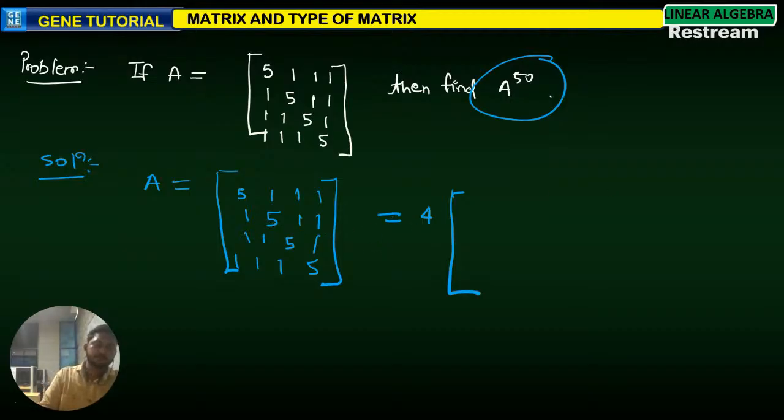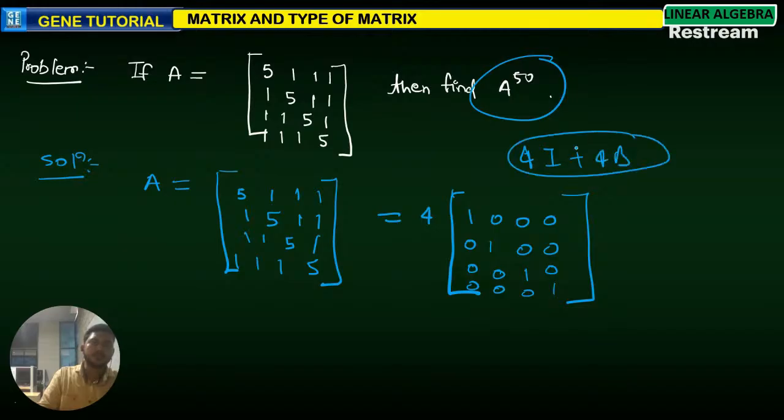Take an identity matrix with all diagonal entries 1 and the other entries 0, which makes a diagonal matrix. So we take a matrix like 4I plus 4B. Why do we take this matrix for this problem?